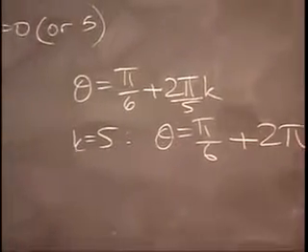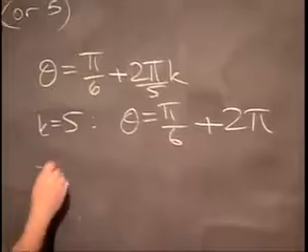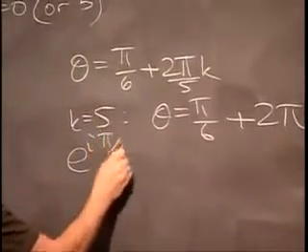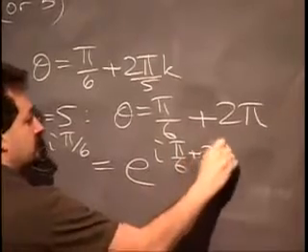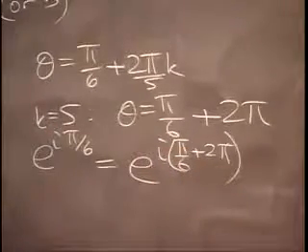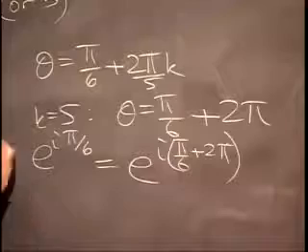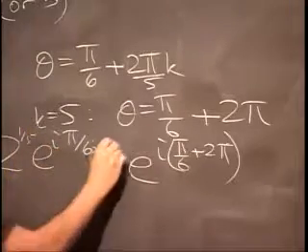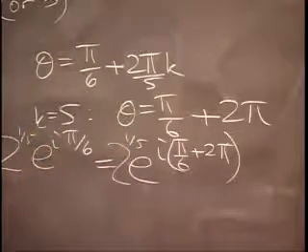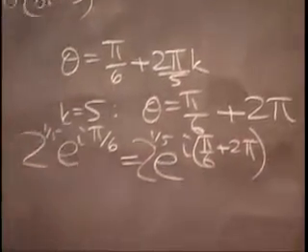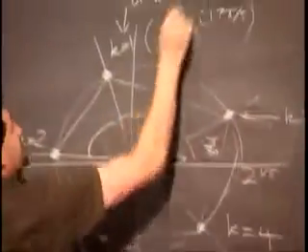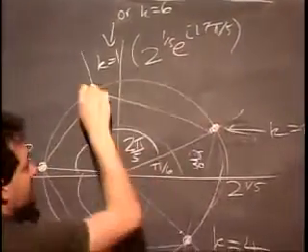You get the same solution when you take e to the i theta. It's the same solution. Put a 2 to the 1/5 out the front. So k equals 5 gets you to here. K equals 6 gets you there. K equals 7, 8, 9, 10, 11, 12, etc.